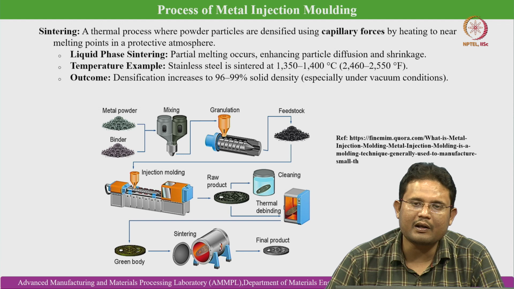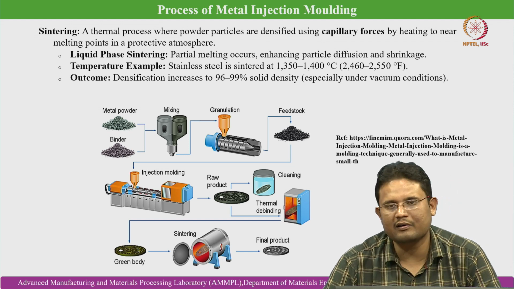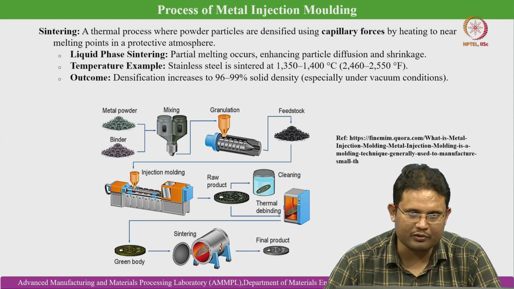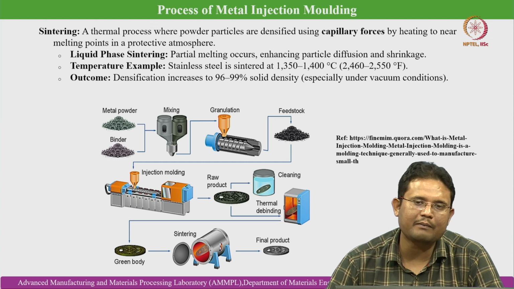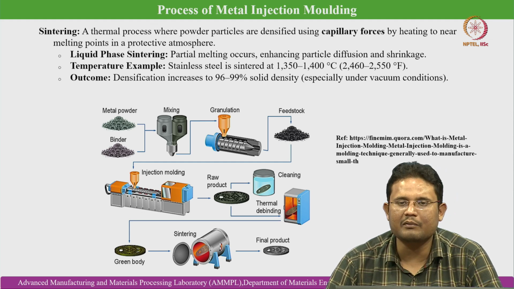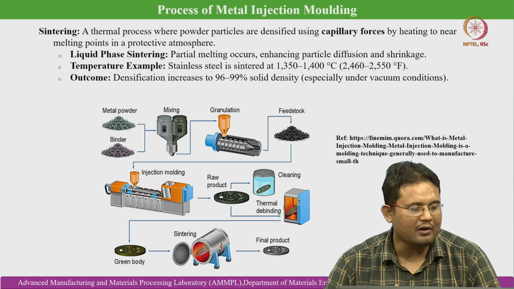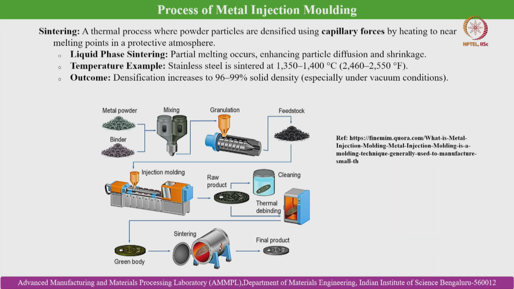Typically 98 to 99% of the theoretical density of the part can be achieved by the injection molding route, MIM or CIM, and that is why it is one of the widely practiced powder metallurgy techniques and one of the best in the class. So, this is why injection molding has wide applicability.